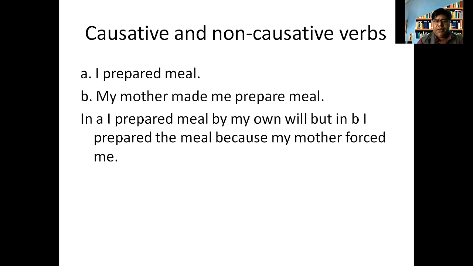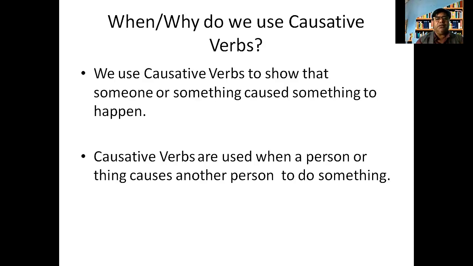And in my mother made me prepare the meal, the meal is prepared by me, but who makes me prepare it? My mother. It means I am in a forceful situation to prepare the meal, may not be by my own will.